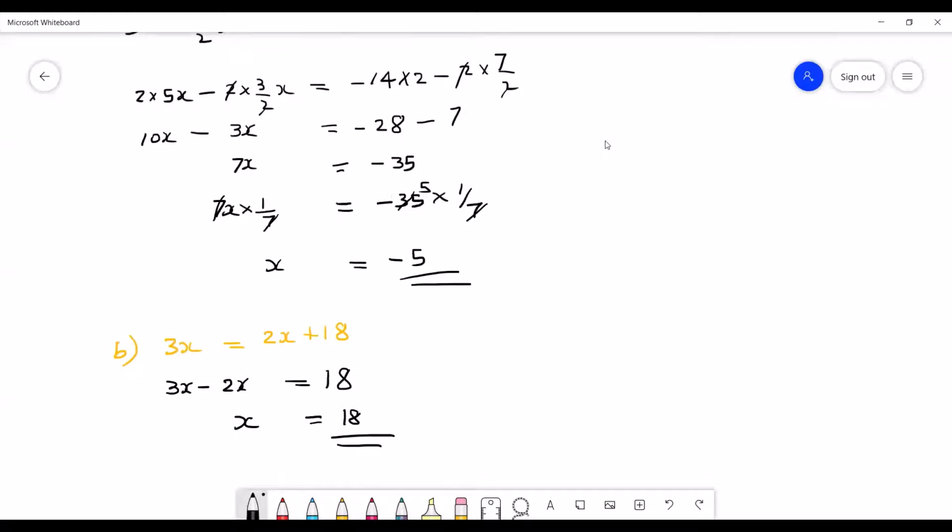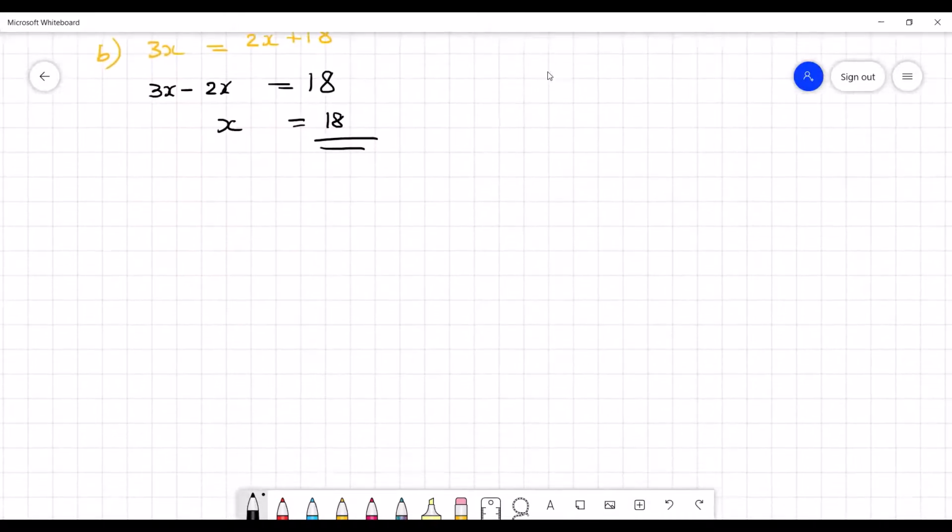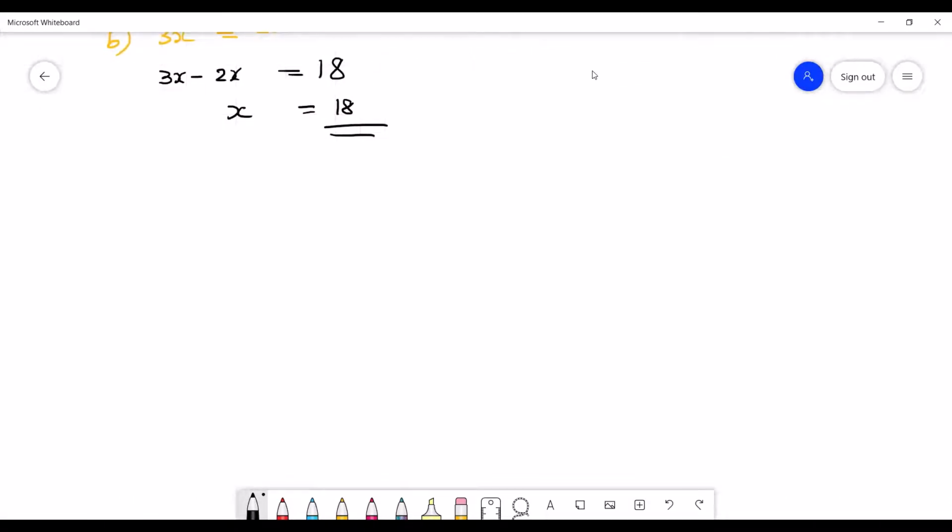Now let us come to the next question, question C. We are having x is equal to 4 upon 5 into x plus 10. Here we are having a constant multiplied with an expression on the right hand side.